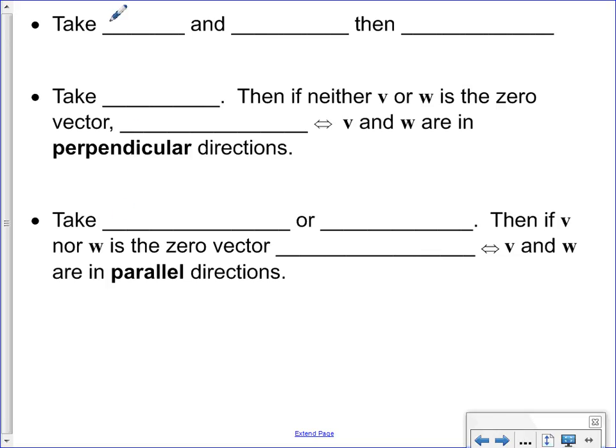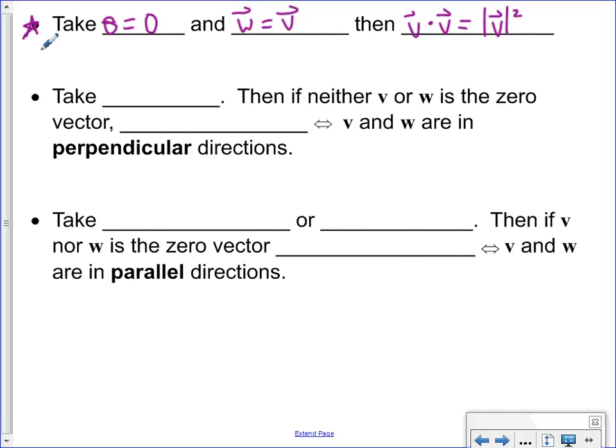If the angle between them is 0, so if theta is equal to 0, and we know that the two vectors are equal, so if vector W equals vector V, then you can say, because of the dot product, that the dot product of V times itself is equal to the magnitude of V squared. That's going to come back at us in a little bit.